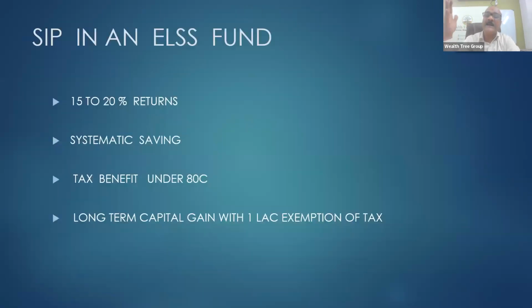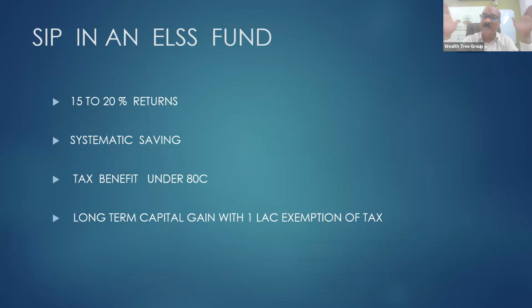And another important aspect is ELSS. So first of all, why an ELSS fund? It is basically 15 to 20% returns, where it can beat inflation. Still you get around 8 to 10% returns above that. And it is systematic saving. Every month you can pay 5,000, for example.